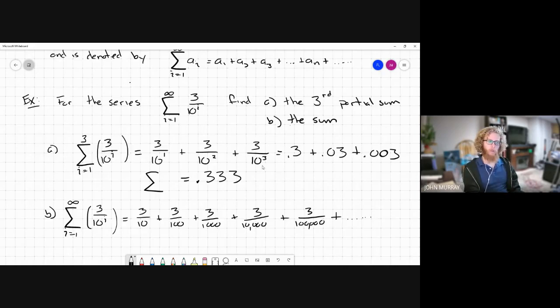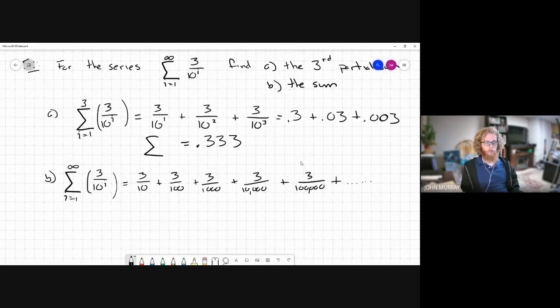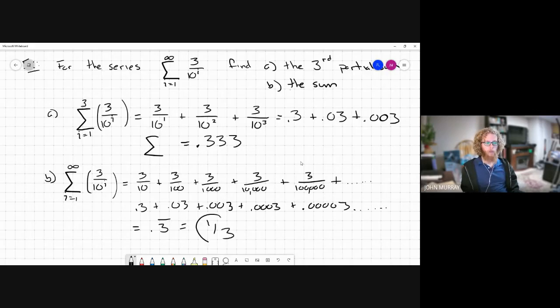But if you notice the pattern that we had up here, this is going to get me 0.3. This is going to get me 0.03. This is going to get me 0.003. Usually there's some sort of trend that you can follow. And if that keeps going on forever, that's going to get me 0.3 repeating, which is 1/3.